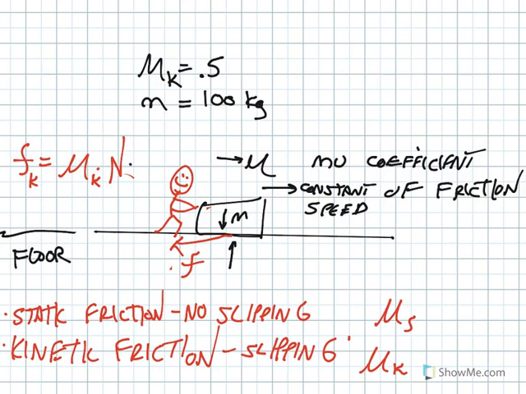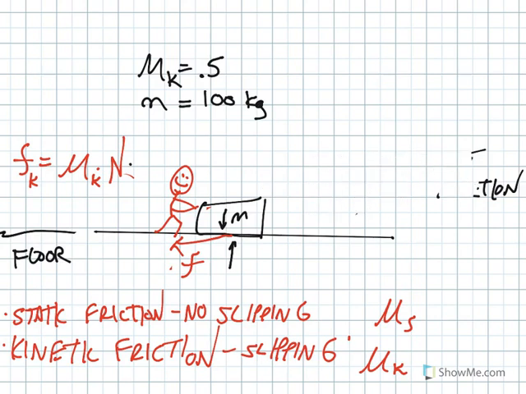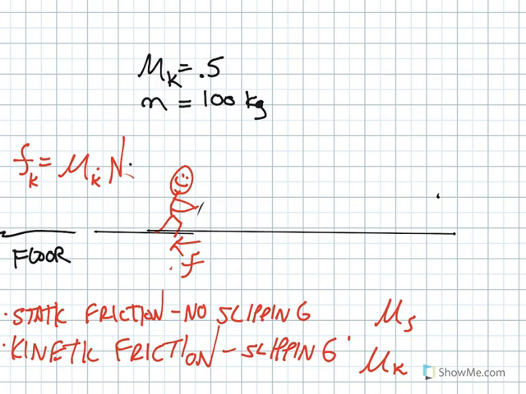So, free body diagram. Let me redraw this. The forces acting on the block are its weight, mg. In this case, if m is 100 and g is 10 meters per second squared, that is 1,000 newtons.